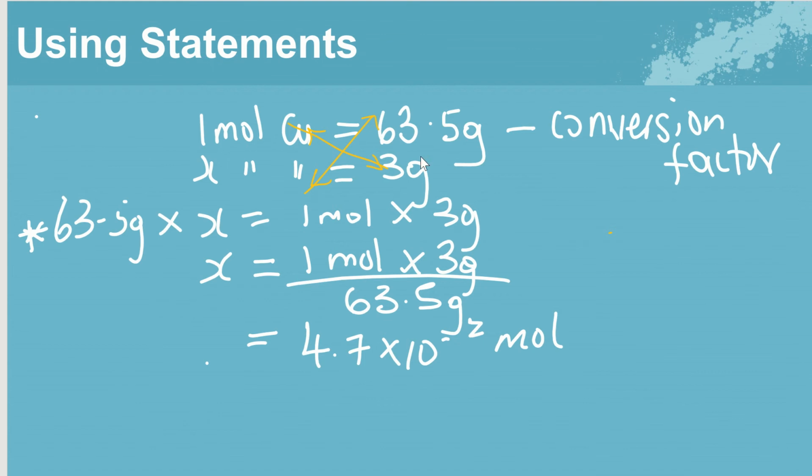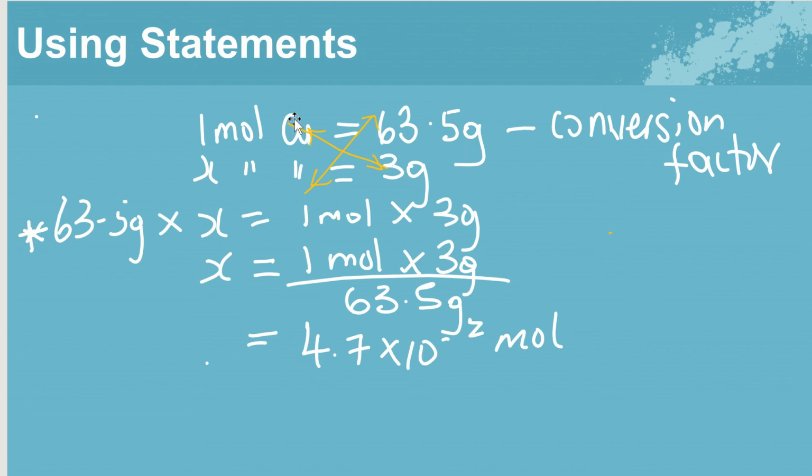So our first statement is that 1 mole of copper is equal to 63.5 grams, and that is our conversion factor. So remember, guys, your conversion factor has both units. It has your given unit and your desired unit. So remember, for the first calculation, we're going from grams to moles, and so our conversion factor must have a true statement which has both mole and gram.